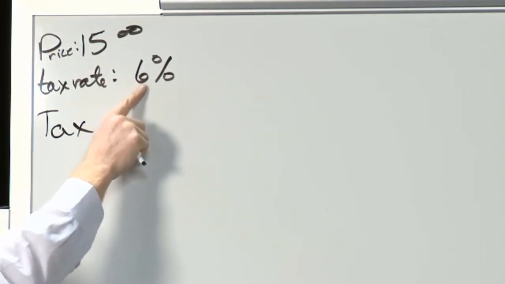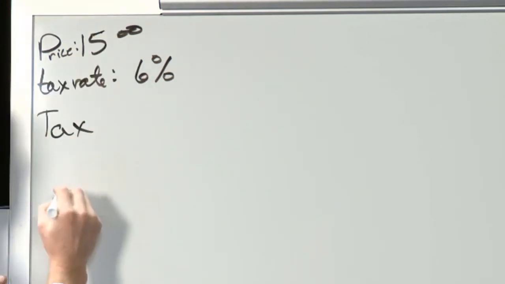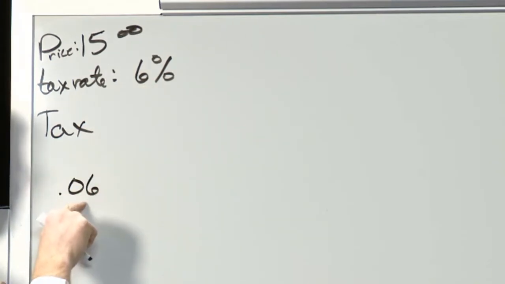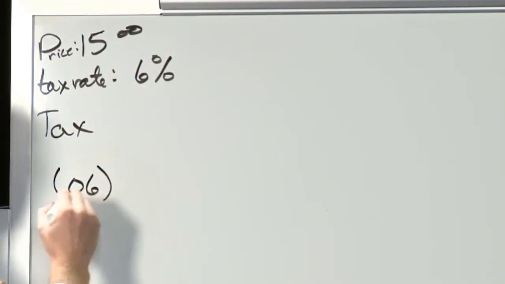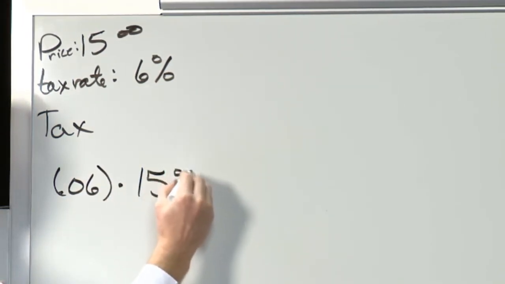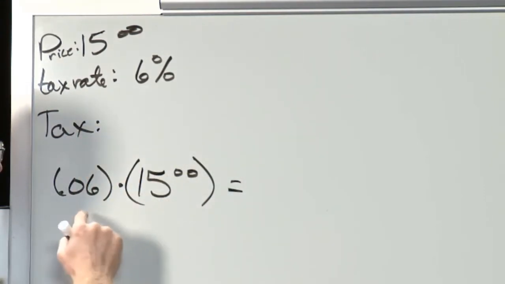Well, percents are not real numbers, they're a portion of something, so you have to find out 6% of the original. So we take 0.06, that's a percent turned into a decimal, times $15, and that equals our tax, how much tax there is.